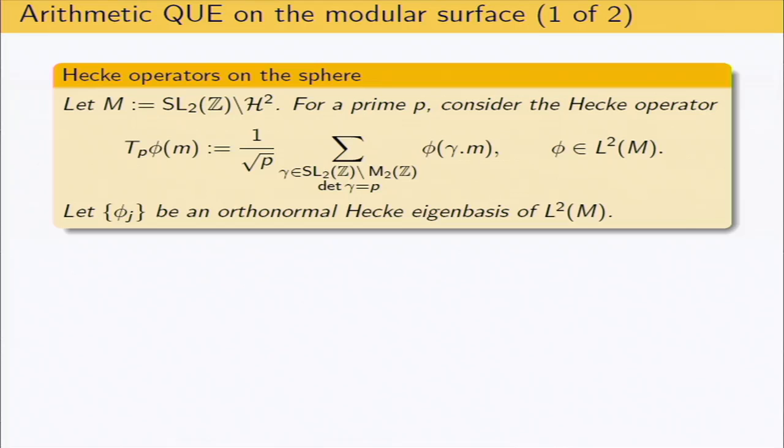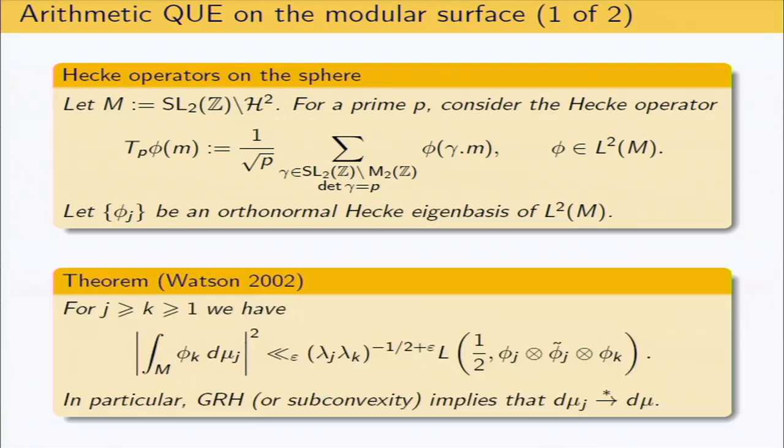This is a beautiful commuting family of self-adjoint operators commuting with the Laplace operator, and we can choose a Hecke eigenbasis consisting of Laplace eigenfunctions which are at the same time eigenfunctions of all the T_p's.